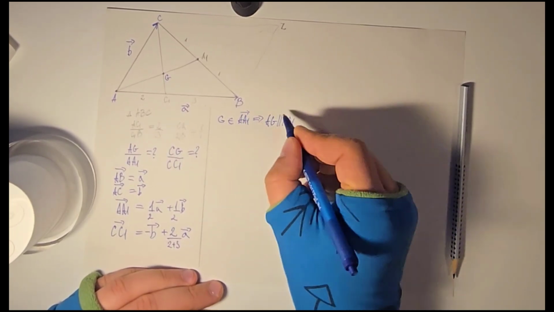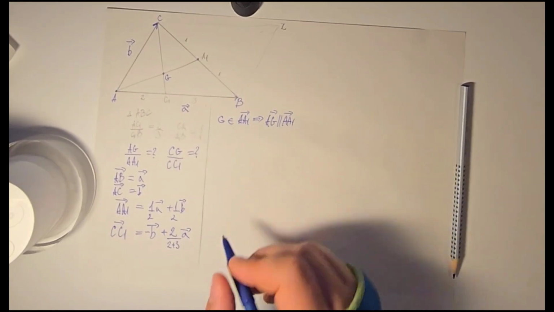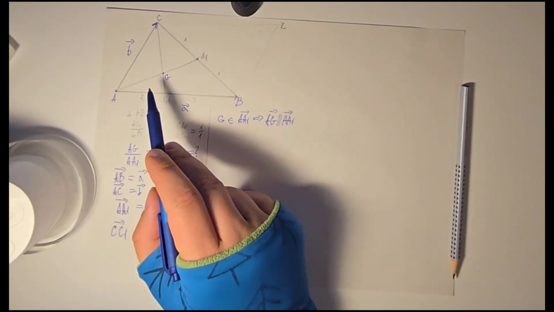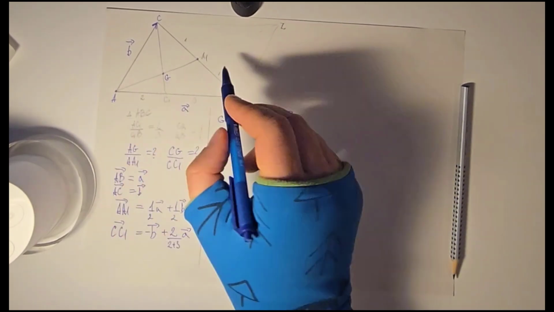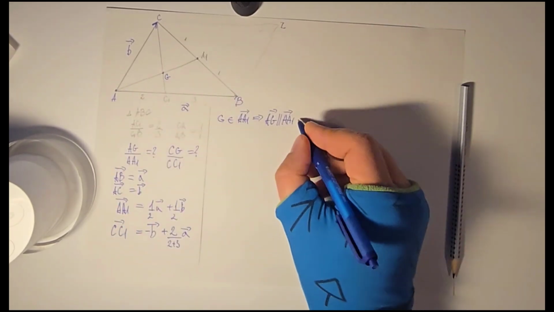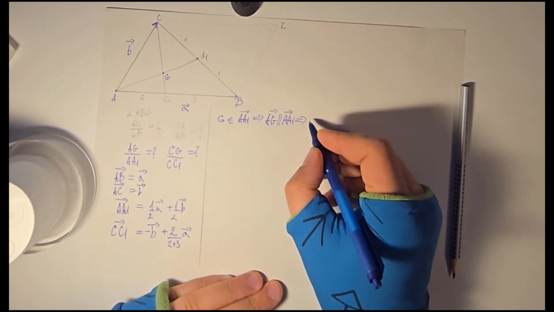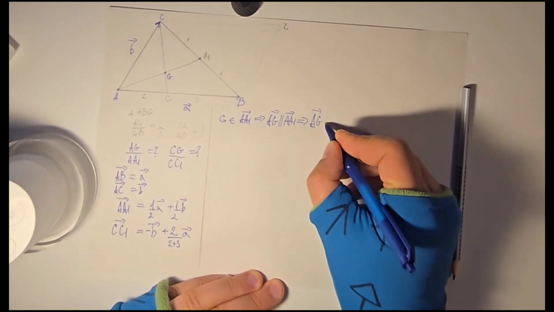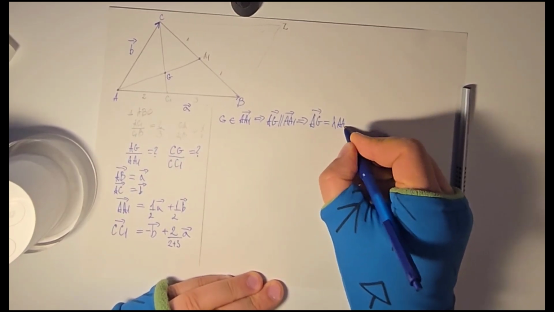And of course, we write the vectors. And from here, we can say that we can scale AG as something multiplied by AA1. For example, if it was half, it would be half of AA1, but we don't know. So we can use something like a lambda. So we can say here AG equals lambda AA1.